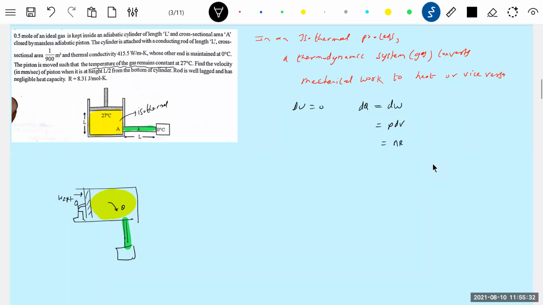Further, nRT by V into dV, it is asking specifically this. So dQ equals nRT by V into A dx, the change in volume.